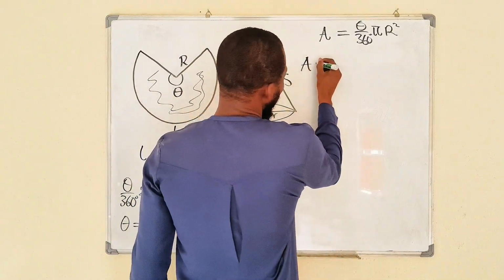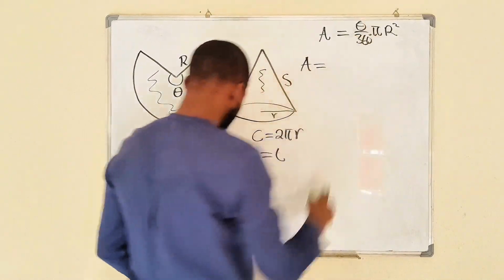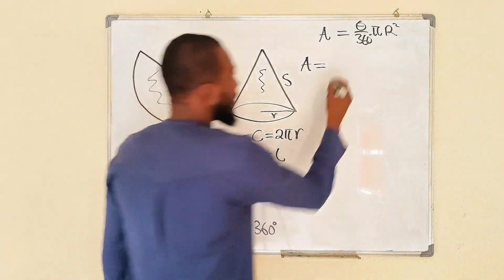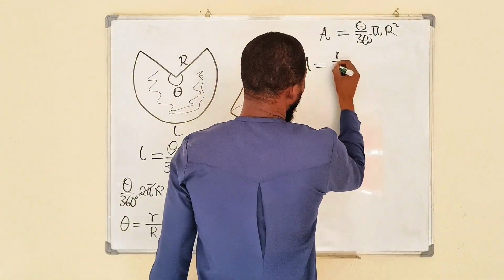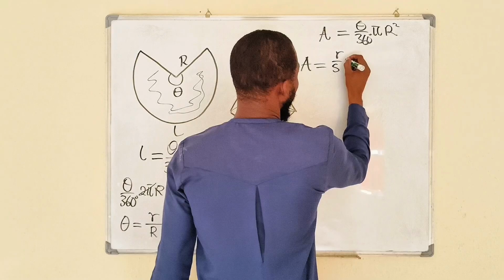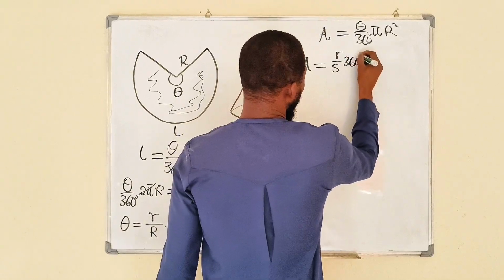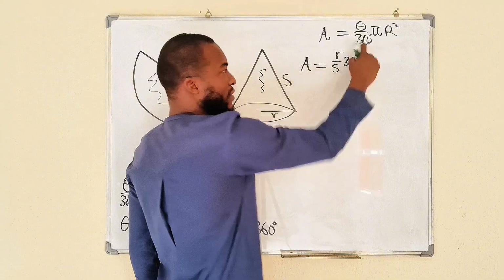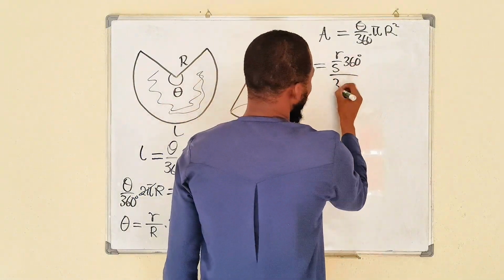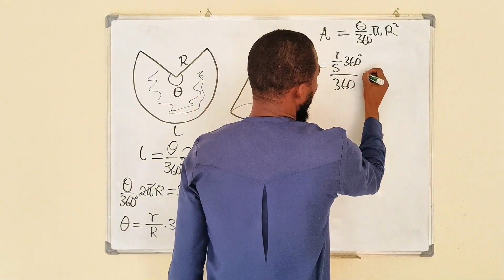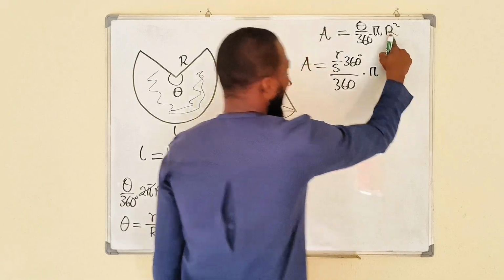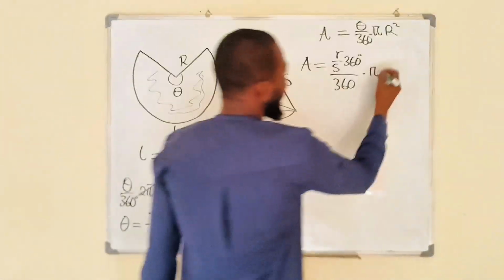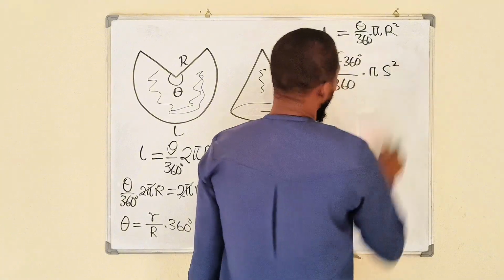So the curved surface area of the cone will now be theta. Remember, theta is r over S times 360 degrees. But since we have divided by 360 here, we have to do the same thing here. They are multiplied by pi. I told you that R is equivalent to S, so we have S squared here.